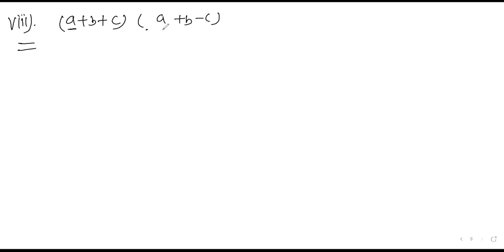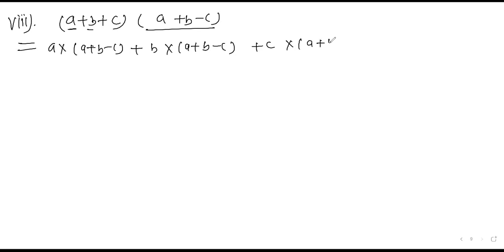Firstly, a is multiplied with the whole bracket, right? So a is multiplied with a plus b minus c. Now b is multiplied with the whole bracket, a plus b minus c, and c is multiplied with a plus b minus c.